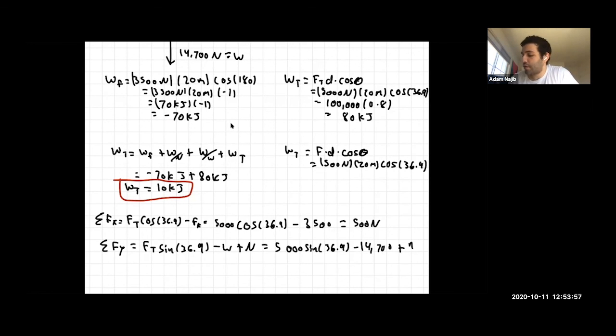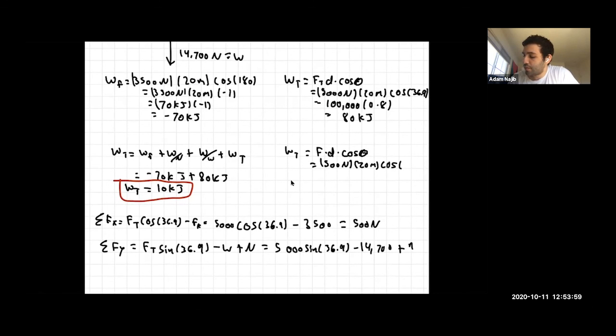Oh, I'm sorry, not cosine 36.9, cosine of 0, because that is the x direction, that's where the force is pushing it because it's moving horizontally, and the distance is moving that way as well. So they're going in the same direction. Cosine of 0 is 1. So 500 times 20 is 10,000, which is 10 kJ, which is the same answer as we got from here.